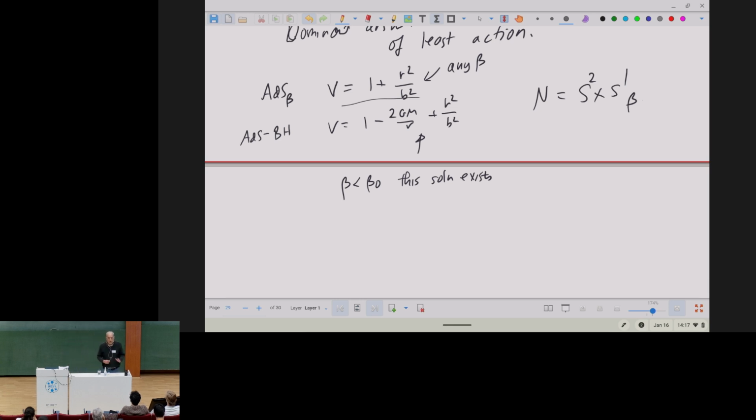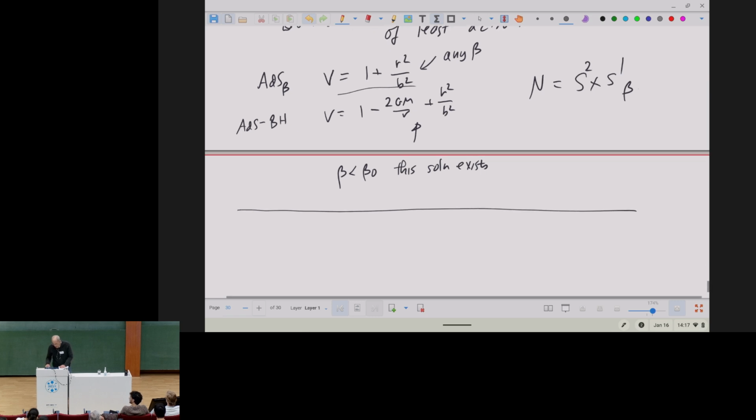Now we can make a quick test of whether these ideas work, and this kind of test was done in the early days of AdS/CFT by reinterpreting what Hawking and Page had calculated. So before the break, we discussed some formulas for AdS black hole thermodynamics, but we didn't work out all the details. But first of all, T equals 1 over beta is the temperature in the boundary theory.